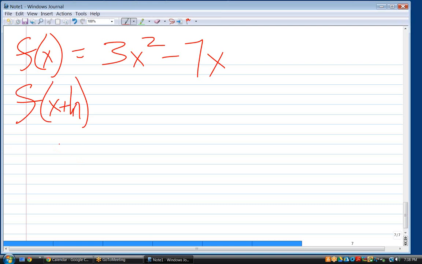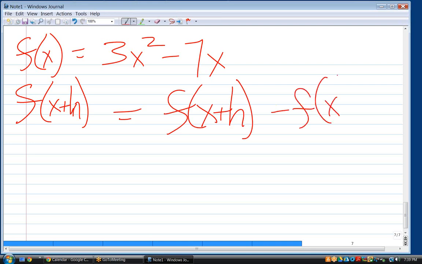Okay, the difference quotient. I'm with you now. The difference quotient is f of x plus h minus f of x, all divided by h.